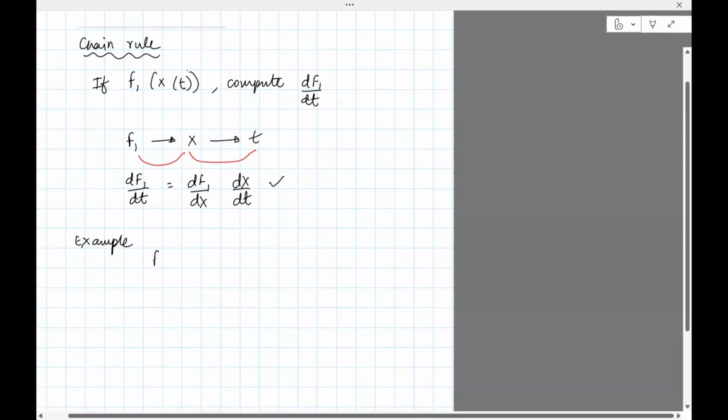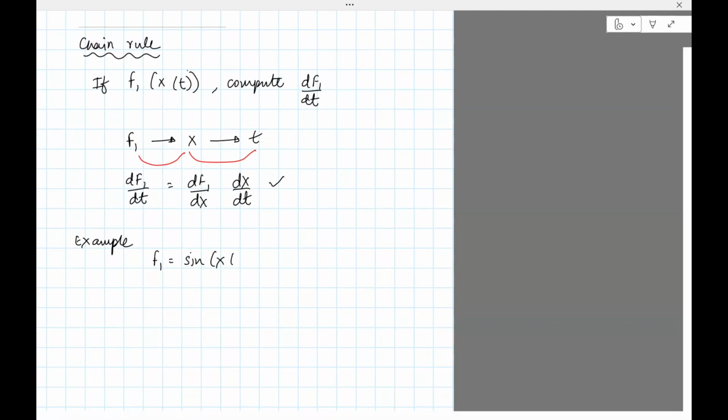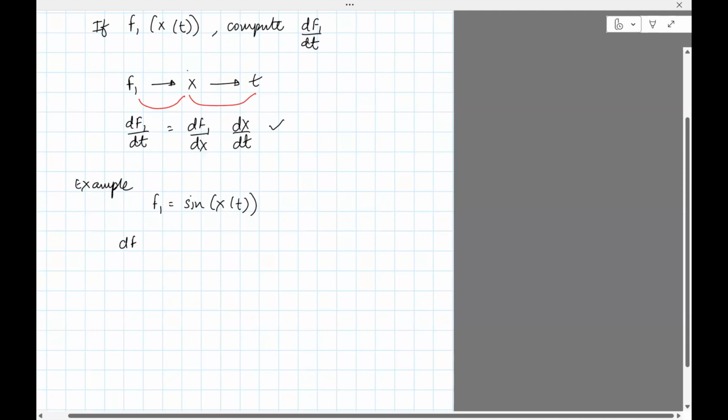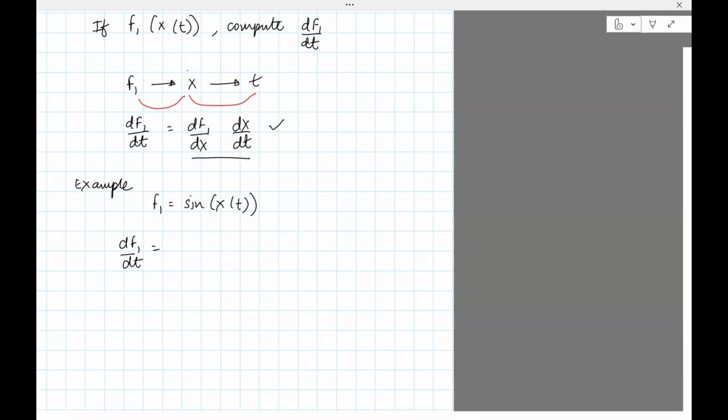If I gave you f1 equals sine of x of t, and you are asked to compute df dt using the chain rule, we have d sine x dx. Here you treat x the way it is.